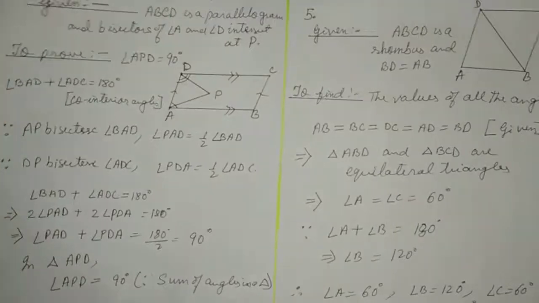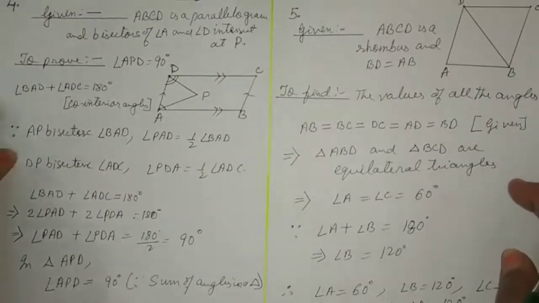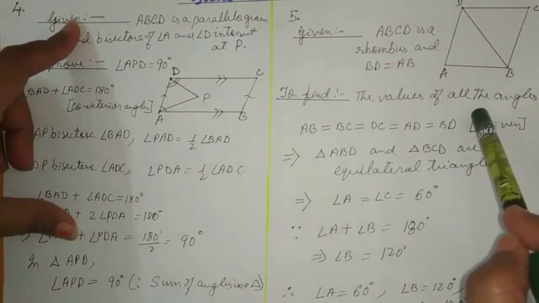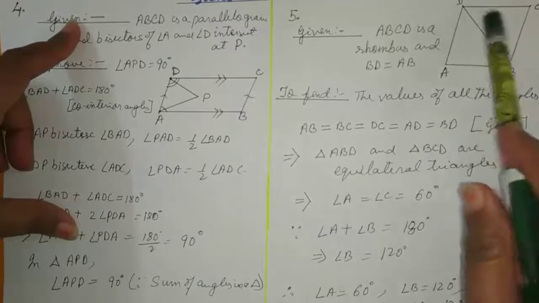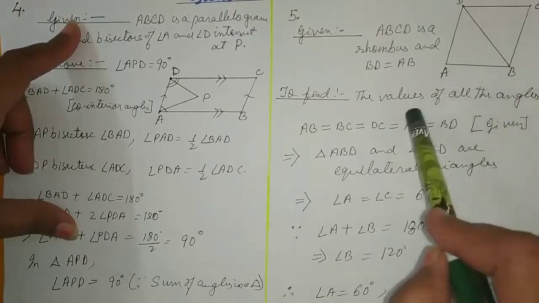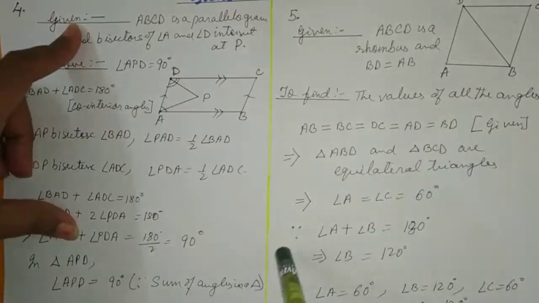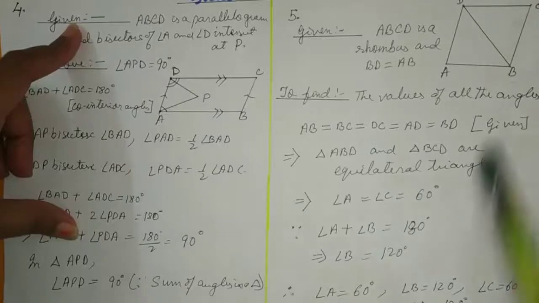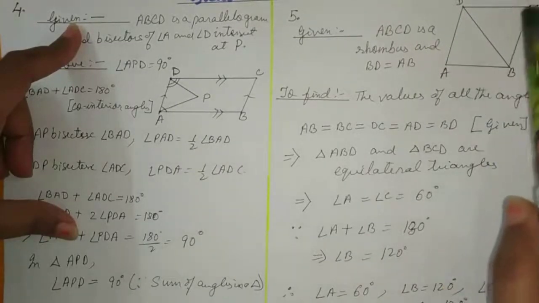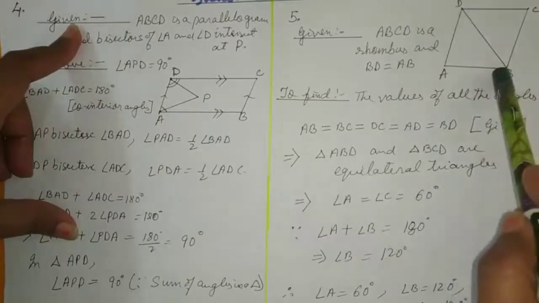We go to question number 5 now, which says that ABCD is a rhombus and BD is equal to AB. You have to find the values of all the angles. Now, according to the figure, since it is a rhombus, all four sides are equal, and the diagonal is also equal, it is given.